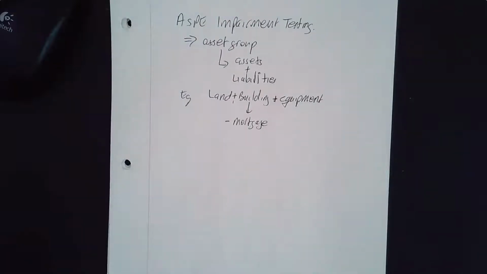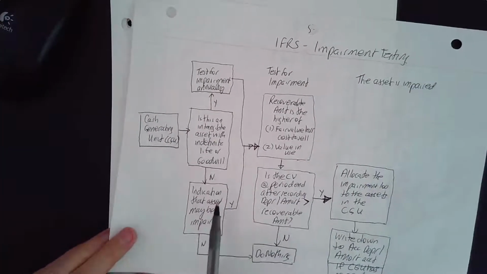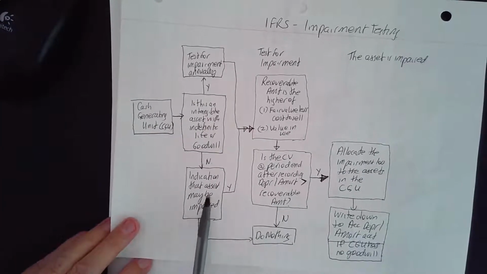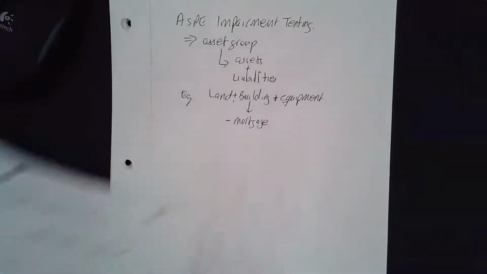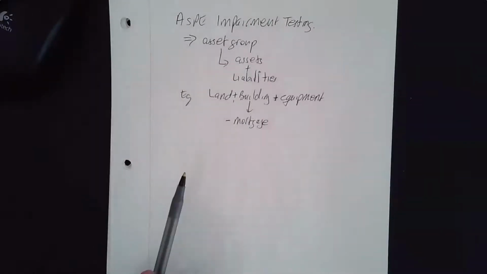So now, let's also talk about when we have to do impairment testing. For ASPE, just let's remind ourselves, for IFRS, every single year we had to look for an indication of impairment. So we have to actually go out and look for this. That's not true under ASPE. Under ASPE, you don't look for indicators of impairment unless there's some event or circumstance that leads you to question the asset's value.